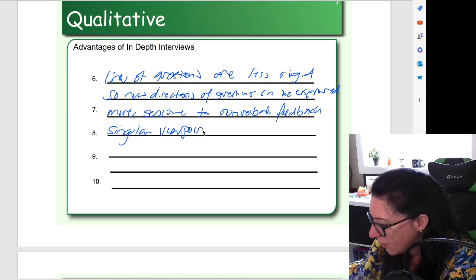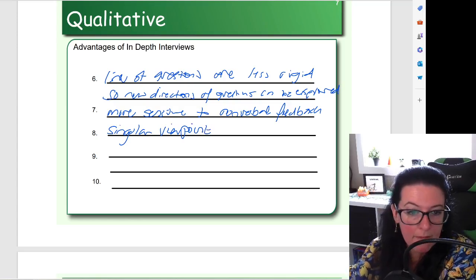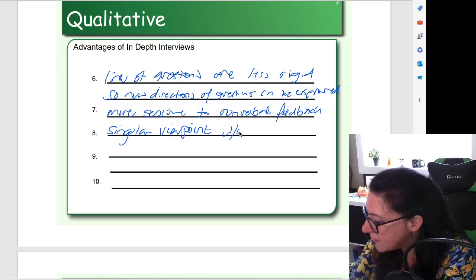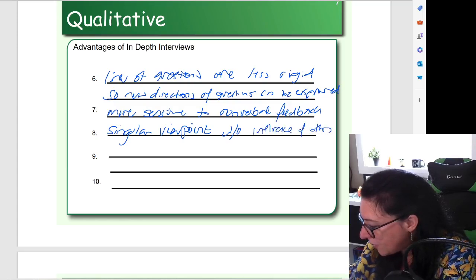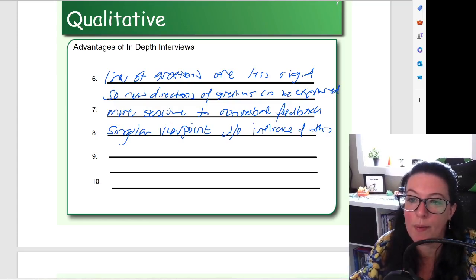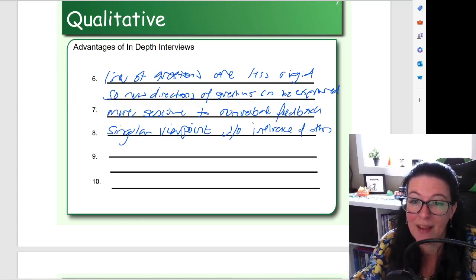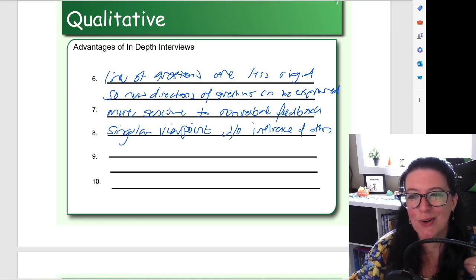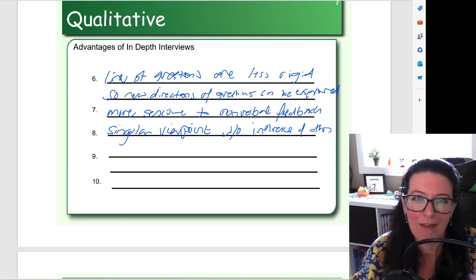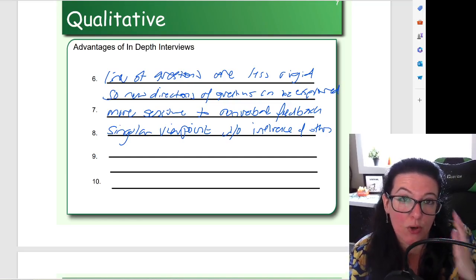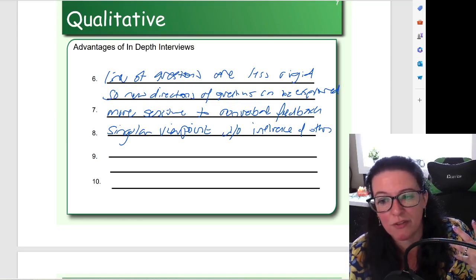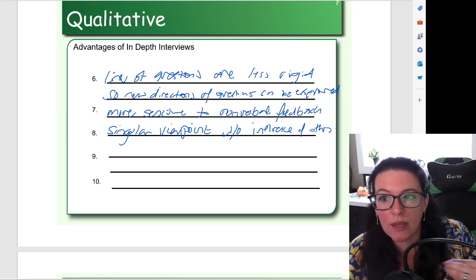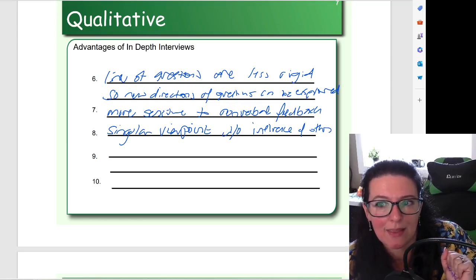So we get a singular viewpoint without the influence of others. So you get how people truly feel and think, not the way they think others want them to act or behave, right? So the problem, of course, with a focus group is that when your responses are in front of other people, you are thinking, well, what will they think when I say this?